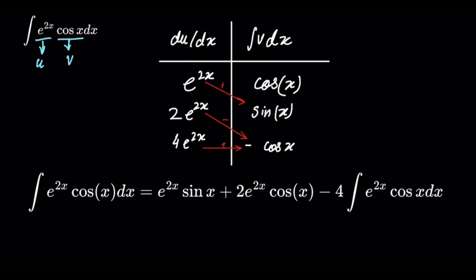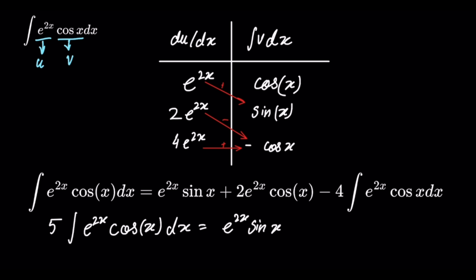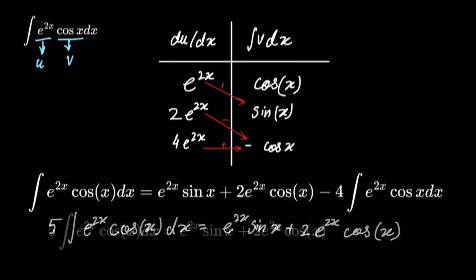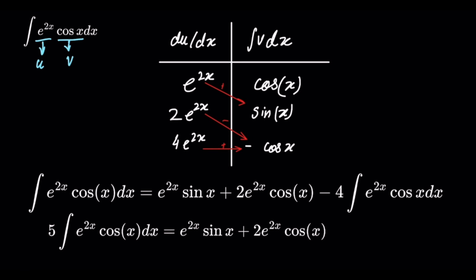So now we are going to simplify this by taking it to the left-hand side. This becomes 5 integral e power 2x cos of x with respect to x is equal to the same thing. Now, we're going to be making this integral the subject of the equation by taking 5 to the right-hand side.